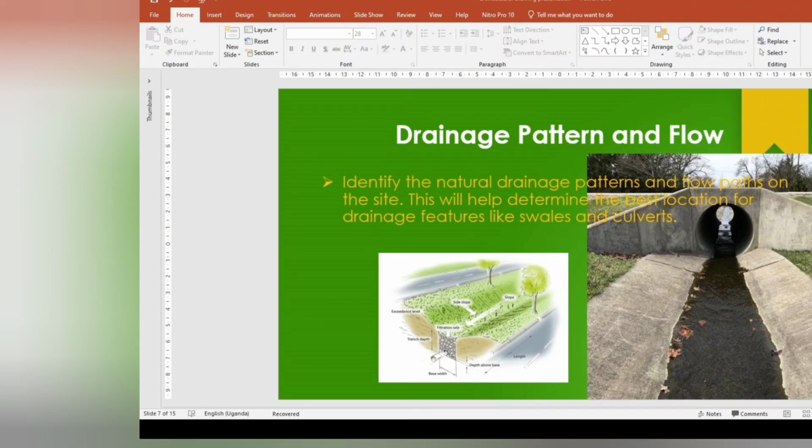So you must have a maintenance plan whereby you keep regular inspection of your drainage connections to ensure that they are functioning properly and they are free from debris and blockages.